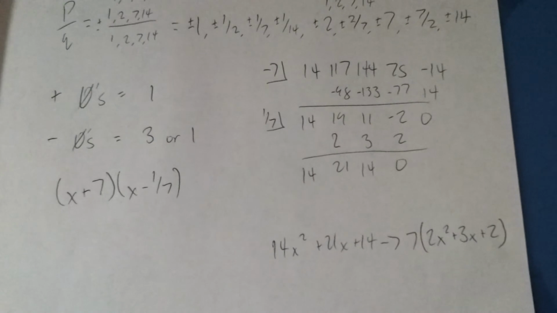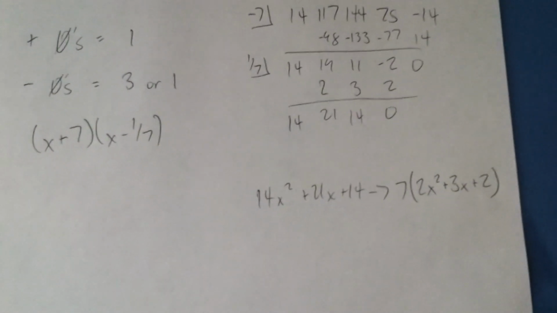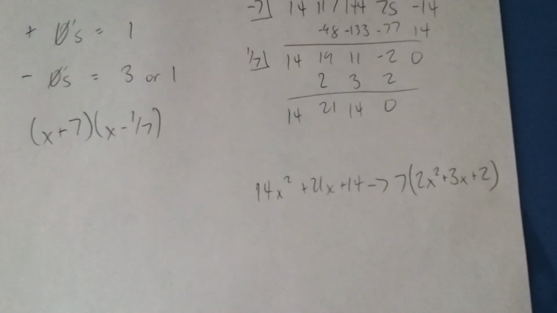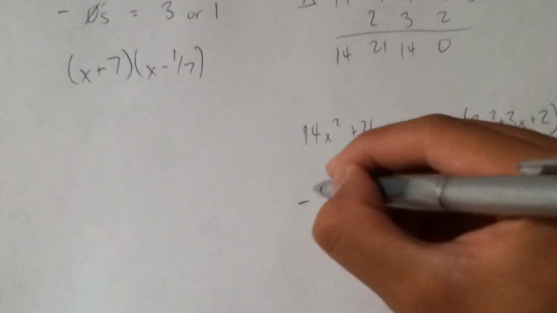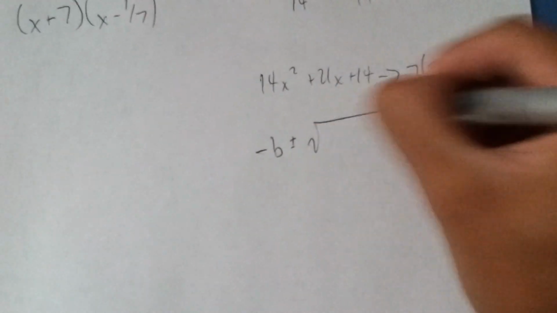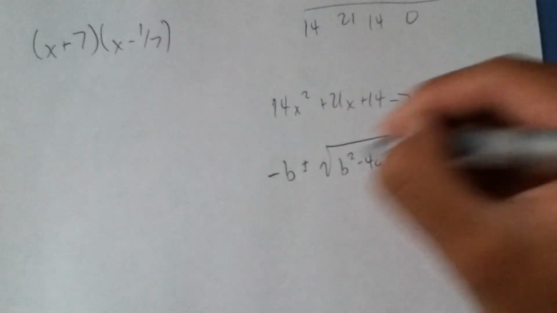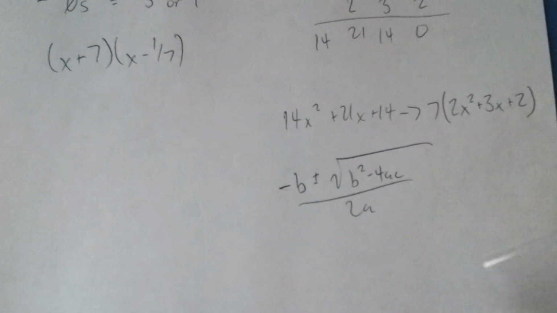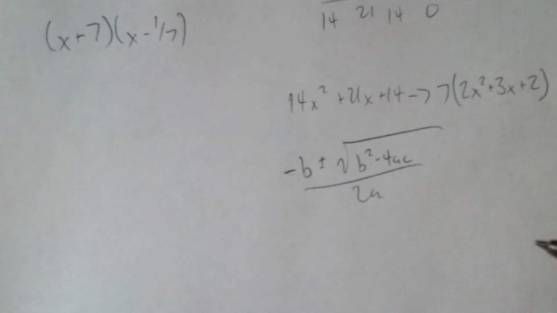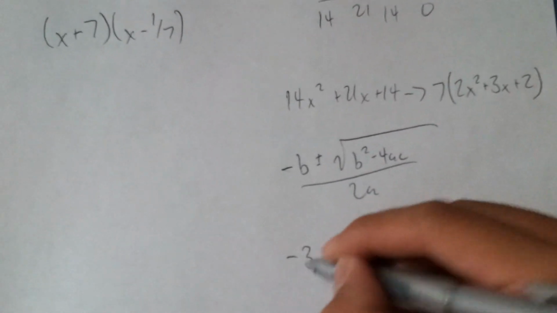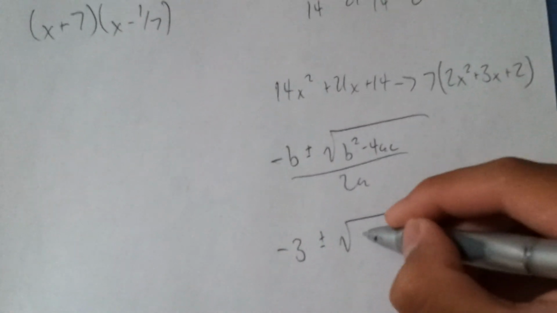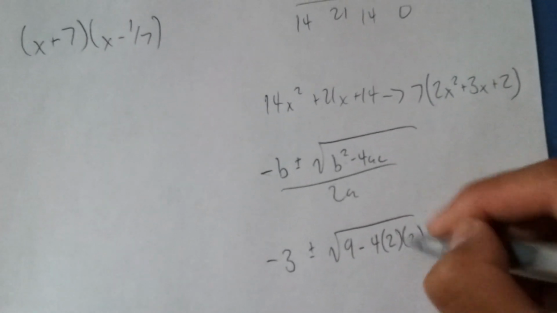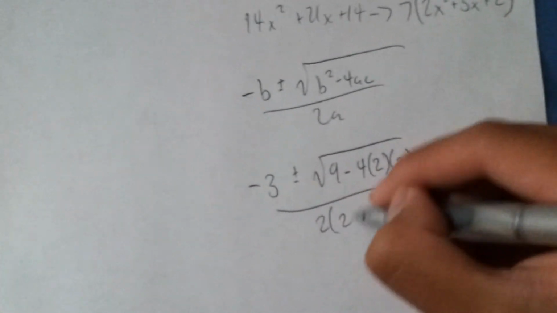And I don't think we can factor this off the top of our head, so we're going to have to use the quadratic formula. Negative b plus minus radical of b squared minus 4ac over 2a. Plug these numbers into their respective letters. So it's going to be -3 plus minus radical of 9 minus 4 times 2 times 2 over 2 times 2.